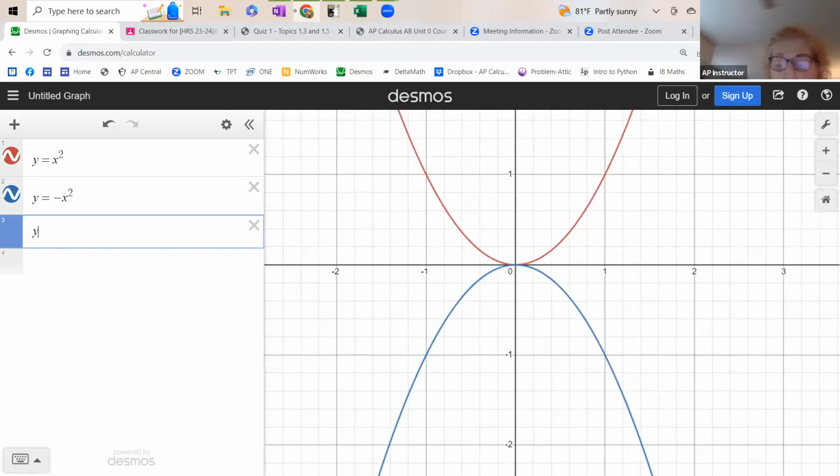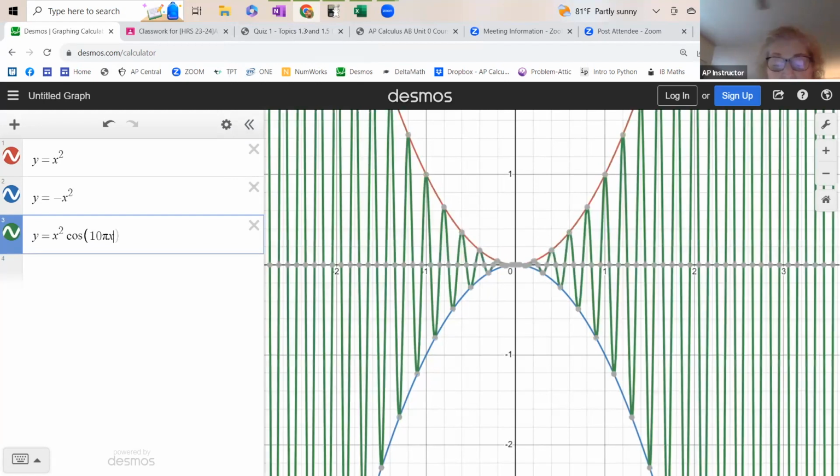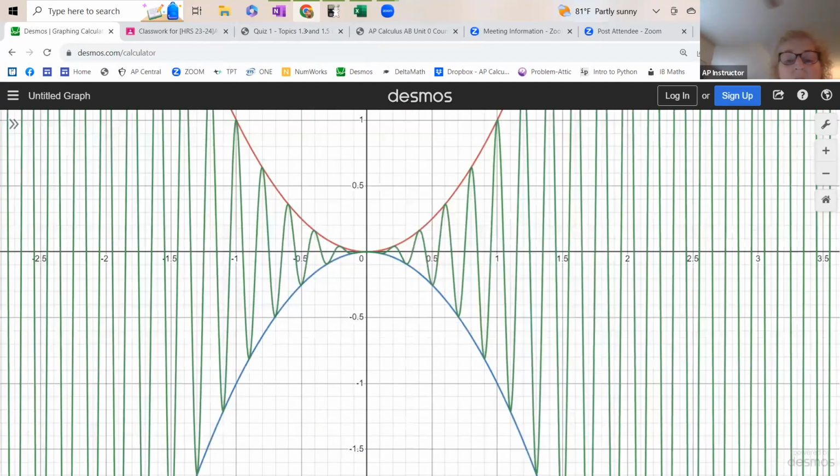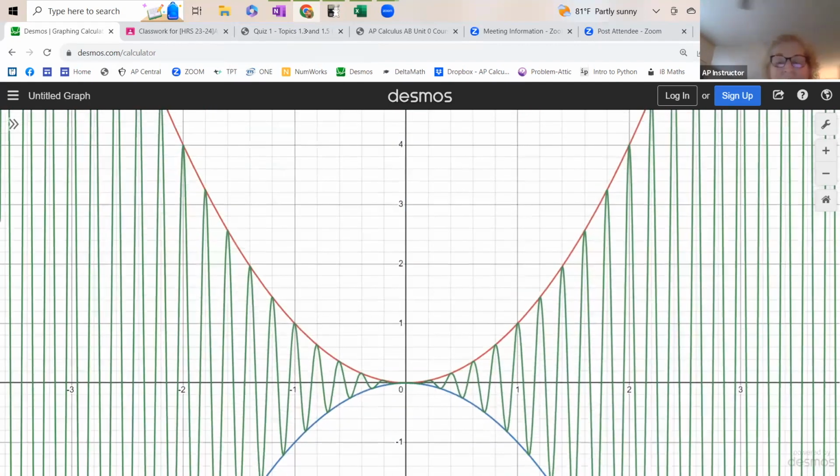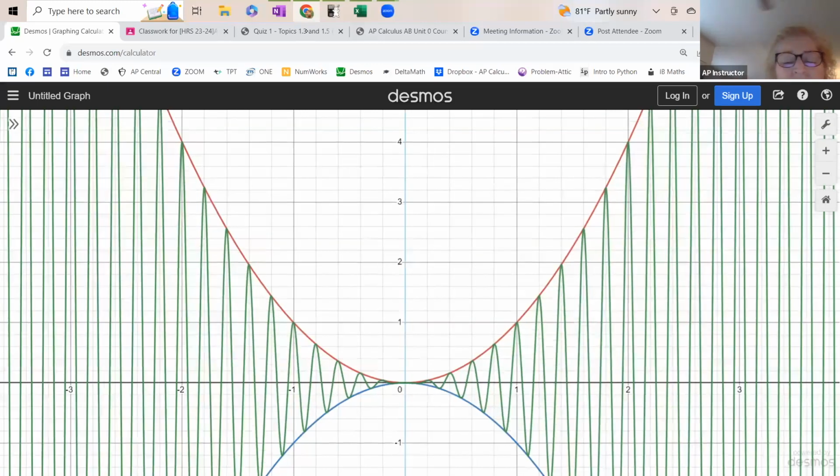And then I'm going to say y equal to x squared, and then I'm going to go over cosine 10 pi. If you just type pi, you get that. And look how that guy oscillates. Whoa, it is crazy. It's one of the coolest functions to look at.